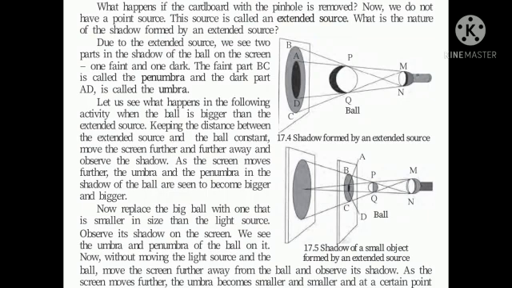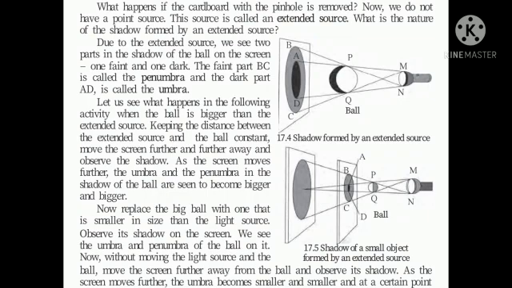When an object is placed in the path of light emerging from an extended source, the shadow is seen with two parts.